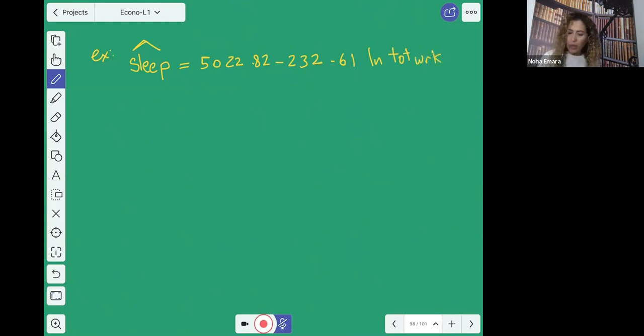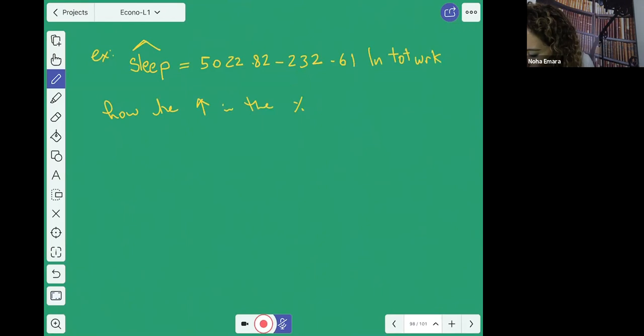So here we're trying to estimate how the increase in the percentage of minutes of work affects the minutes of sleep, or sleeping minutes.